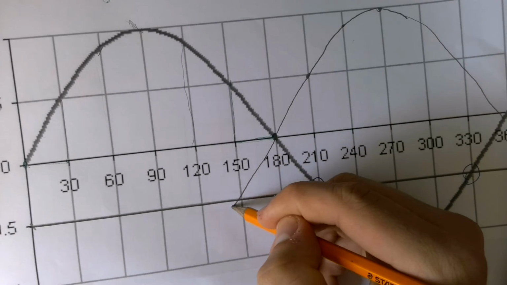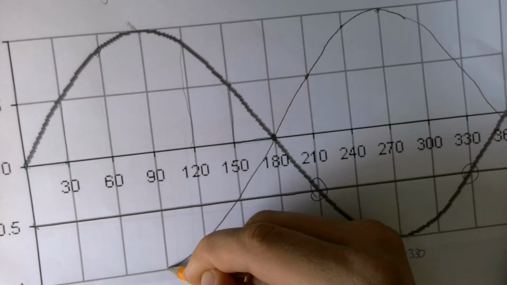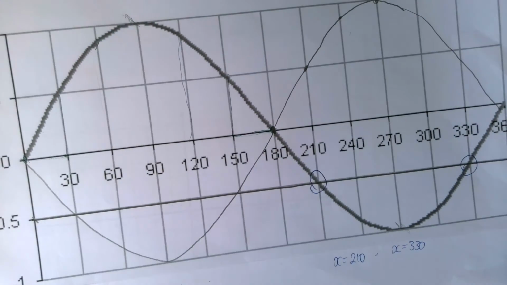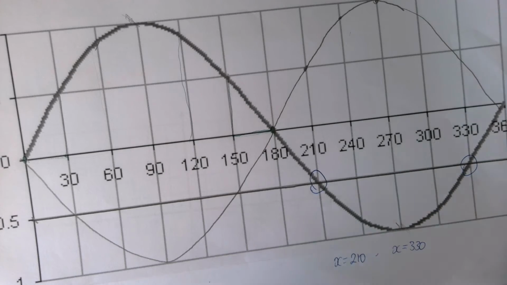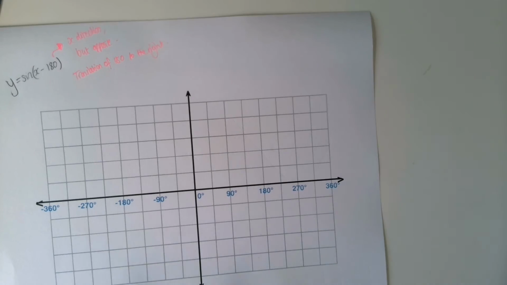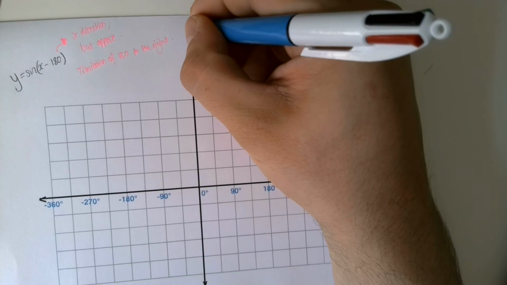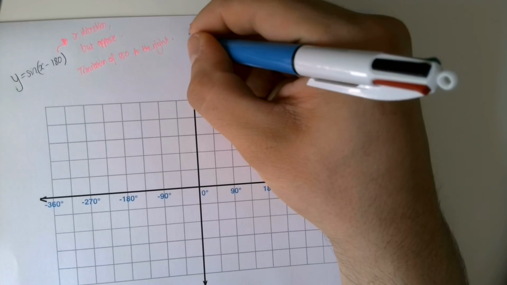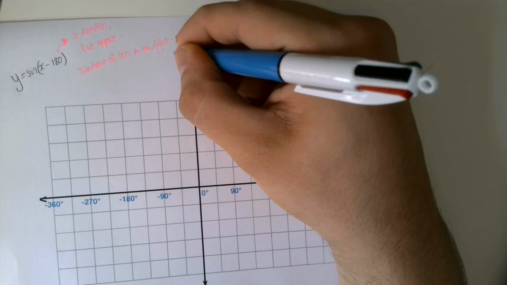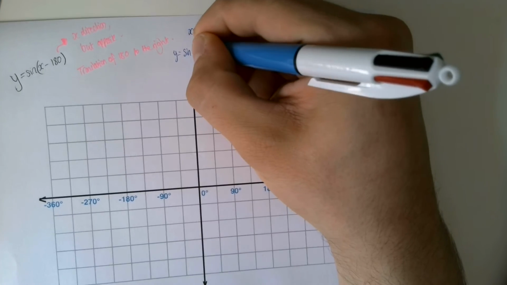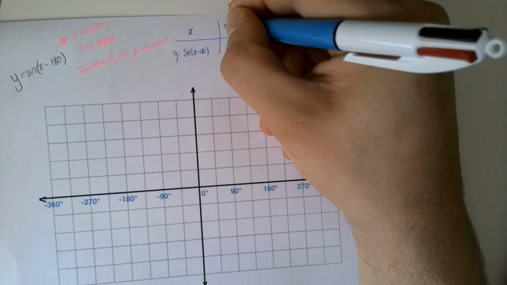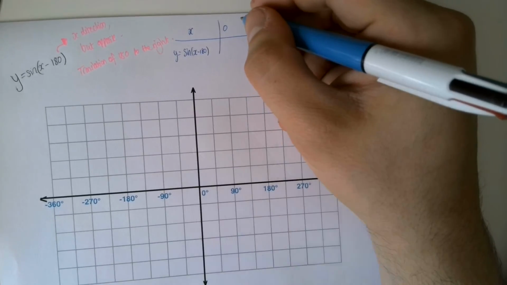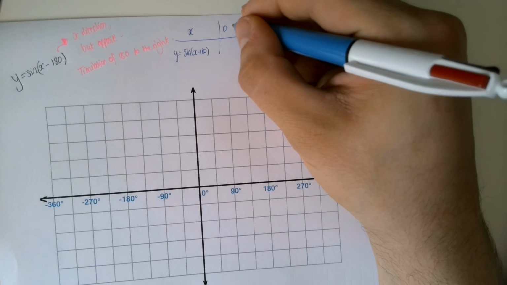I'm expecting to have something that looks like that. It's just been shifted 180 places to the right. Let's just see if that does happen. So x and y equals sine x minus 180. So I'm going to just choose those values again, going up in steps of 45.